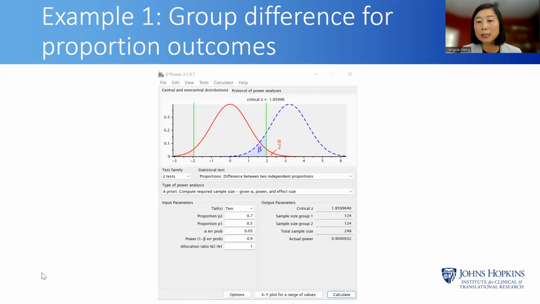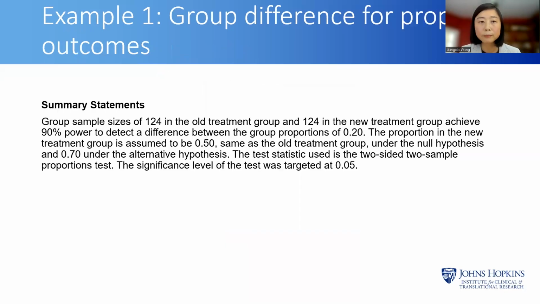The calculated critical Z value is 1.96, the group sample size is 124 for each group, and the total sample size is 248. We achieved the actual power of 0.9. This is the same as what we just saw in the Stata output.